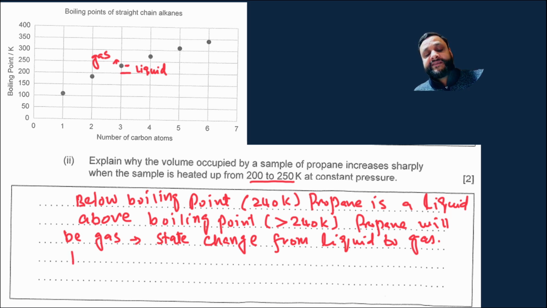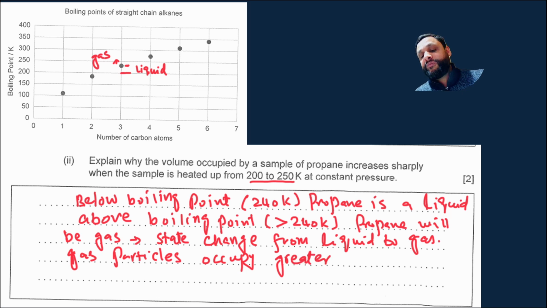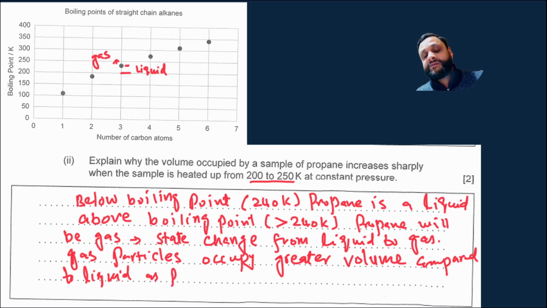Gas particles occupy greater volume compared to liquid, as particles are further apart.